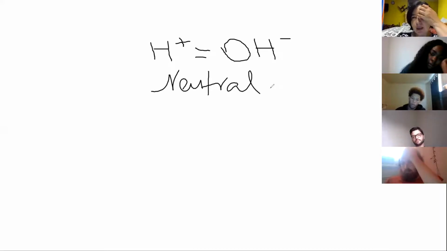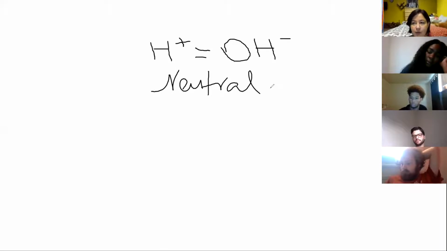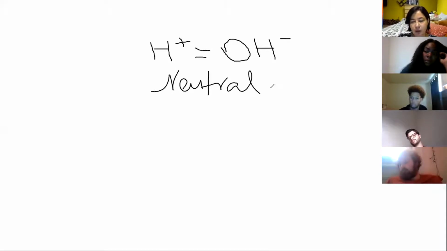What is really neutral is distilled water. You know what distilled water is? You take water, boil it, and collect the vapor. The vapor undergoes condensation and turns into liquid. This is distilled water, meaning you don't have anything mixed with this water.